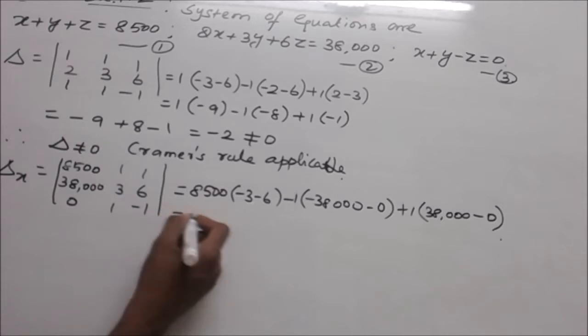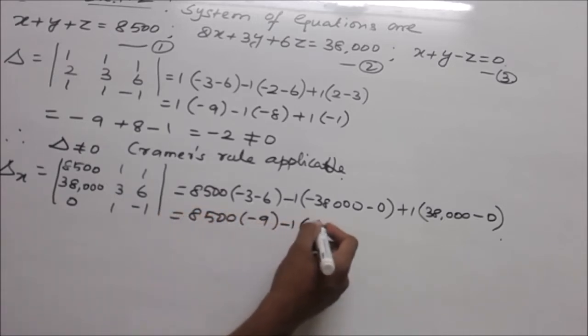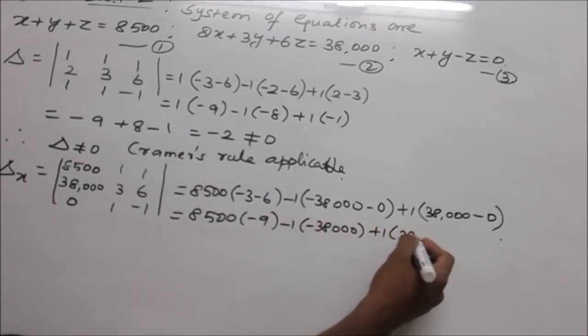Simplifying, we have 8,500 into minus 9, minus 1 into minus 38,000, plus 1 into 38,000.